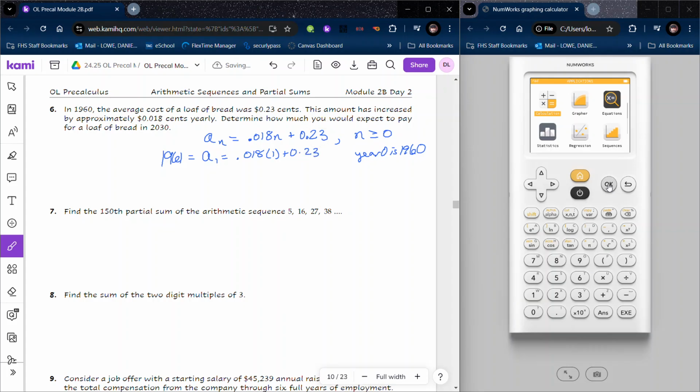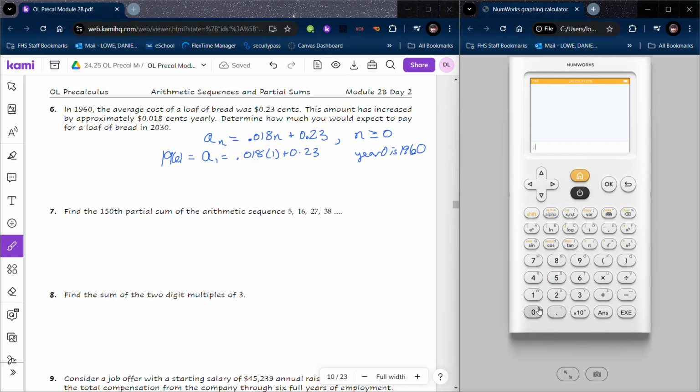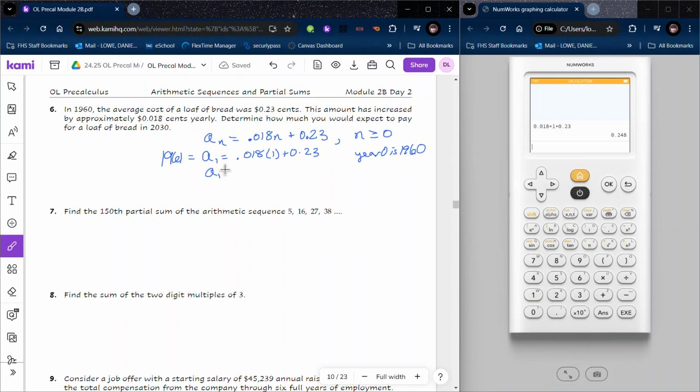If I look at that sum on a calculator, it gives me about 25 cents. So a sub 1 is approximately 25 cents.